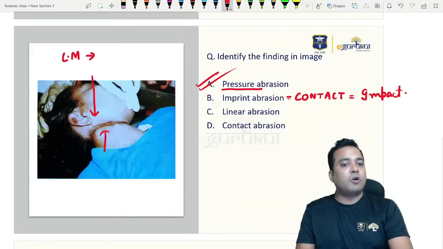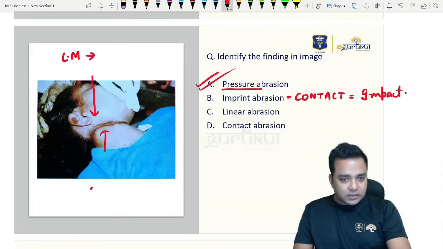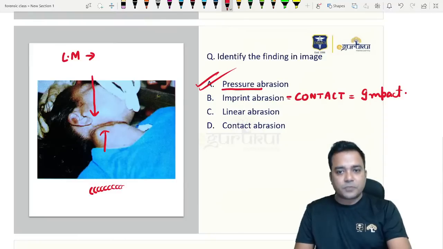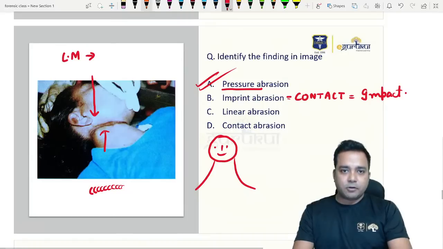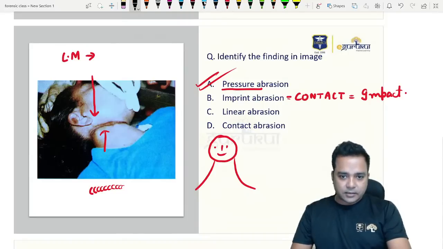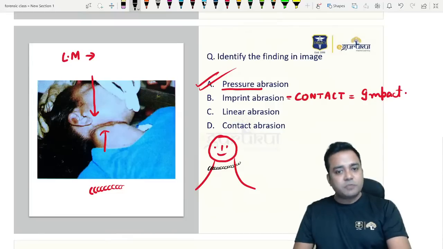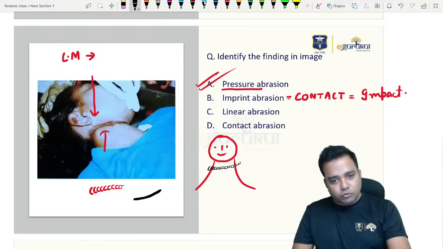A pattern was not visible. If you see a ligature mark showing a pattern like this, suppose this is the person and this is the neck, and over the neck the ligature mark was in such a manner, but the image shown to you was like this. It was a grooved ligature mark.